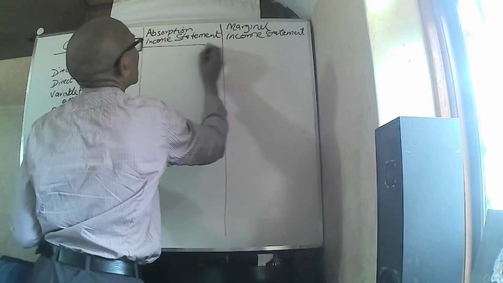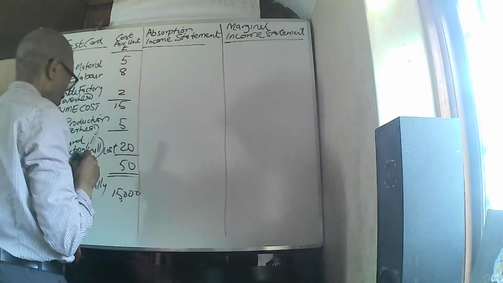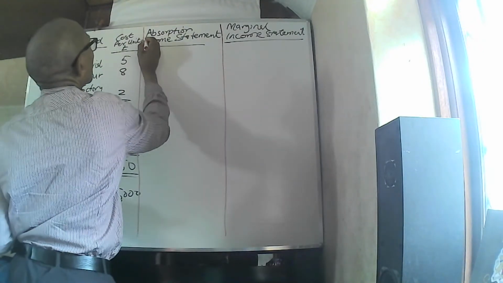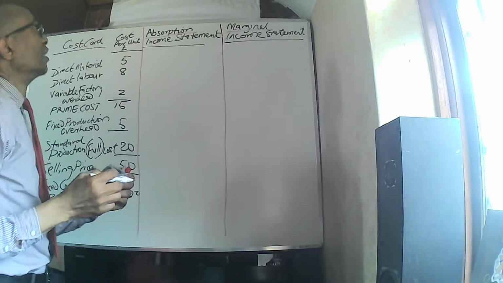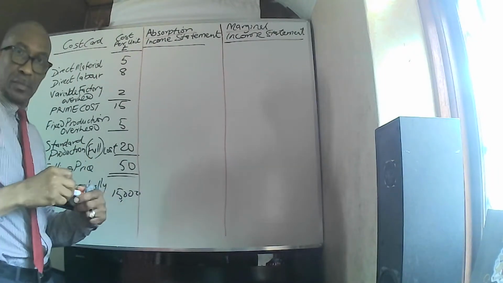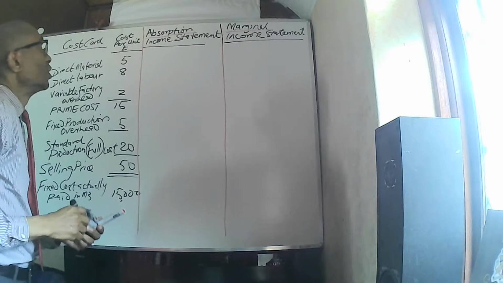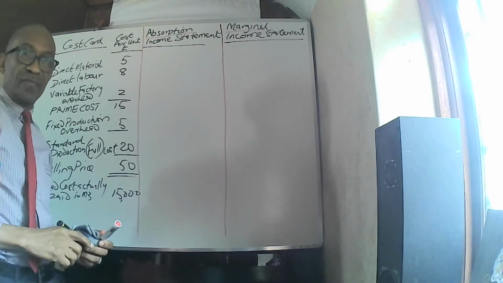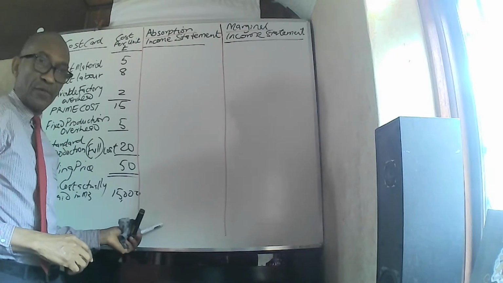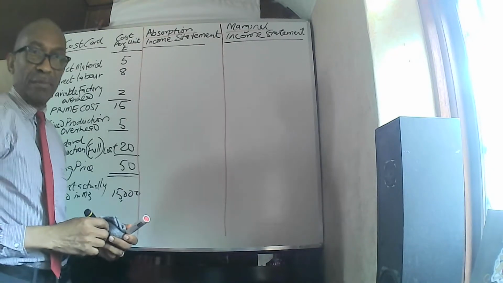All right. The key to watch out is absorption and marginal. So let's start. Let's deal with absorption side to the bottom line profit. Then we look at the marginal.